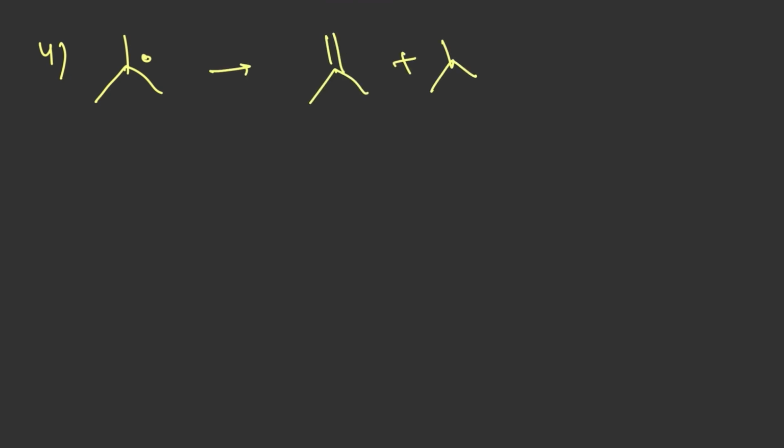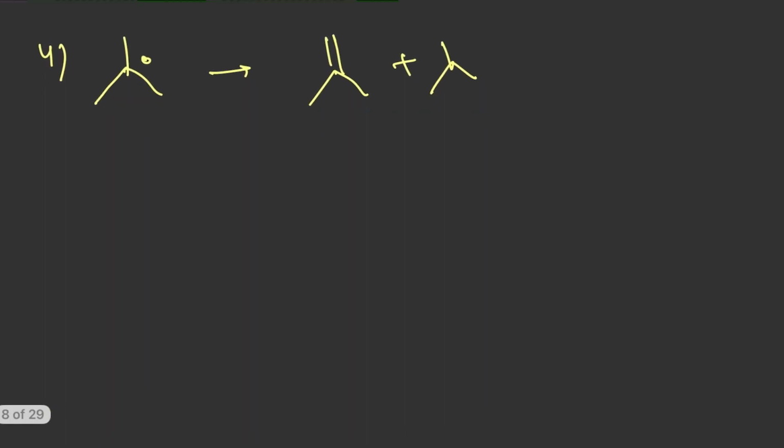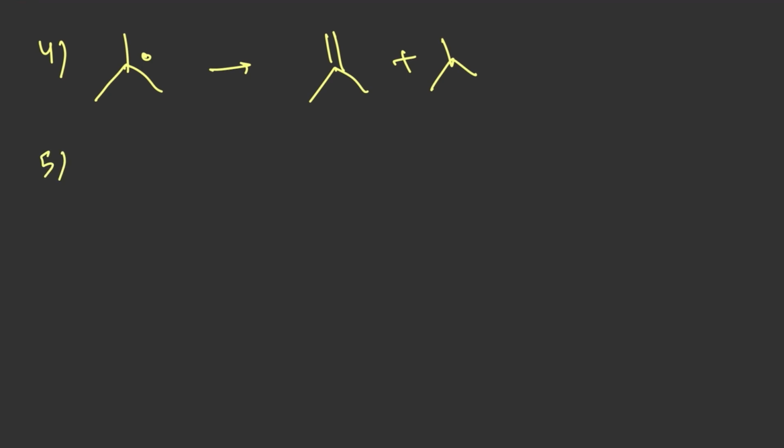Third will show combination. Fourth will show disproportionation because it is a 3 degree. Fifth, pH CH2 free radical. It is 1 degree and it will show combination.